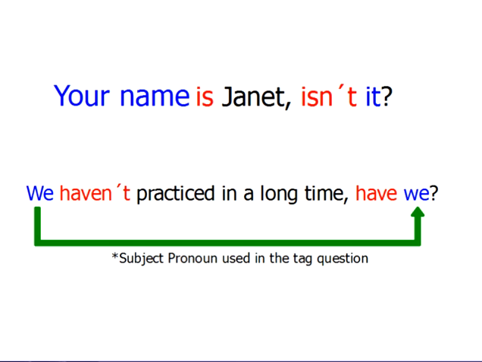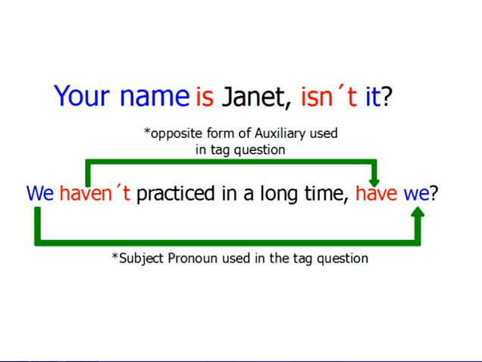It's the auxiliary verb that I need to use. Here in the first part of the affirmation, it's a negative, haven't. So I need to use the opposite of that. I use the opposite form of the auxiliary to make the tag question. So my tag question is, have we? So we haven't practiced in a long time, have we?